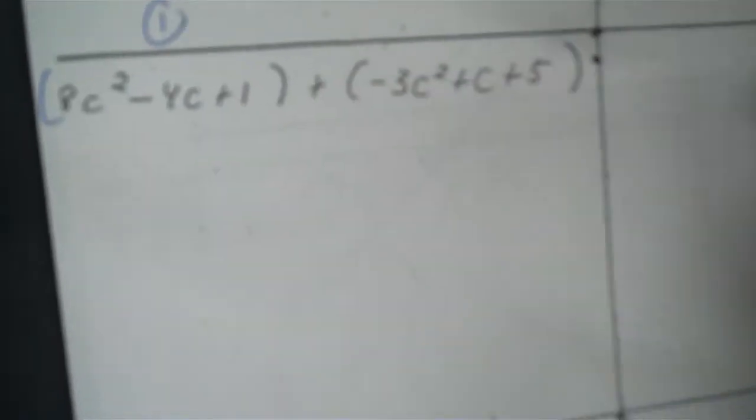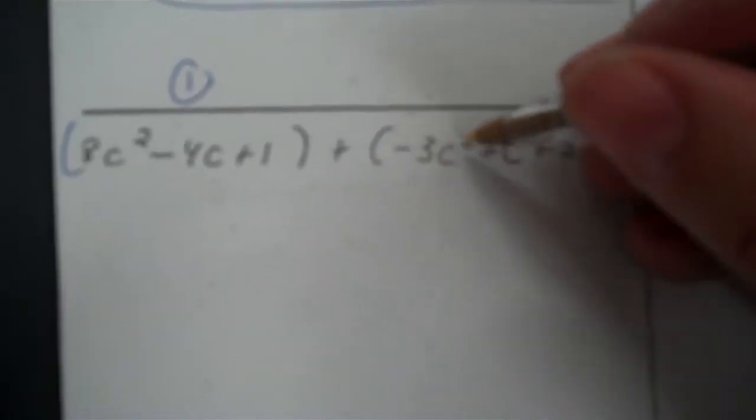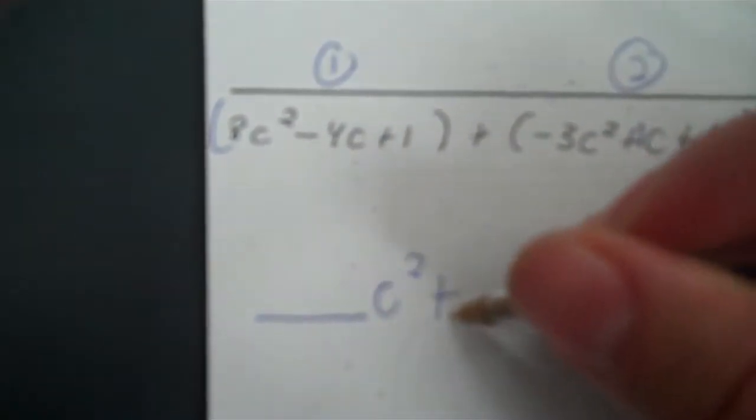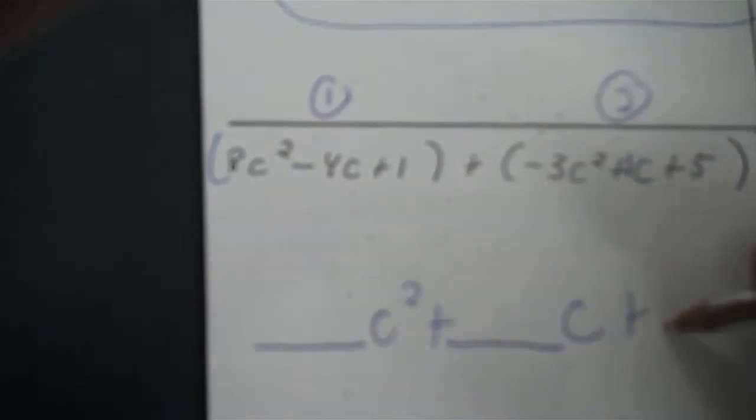Okay, the next problem, polynomial number 1, we have 8c to the second minus 4c plus 1. Negative 3c to the second plus 1c plus 5. So my highest power is c to the second. So I write blank c to the second plus blank c plus blank.